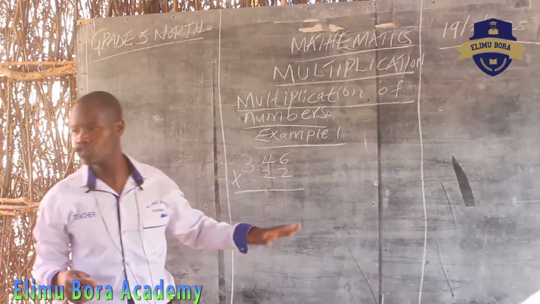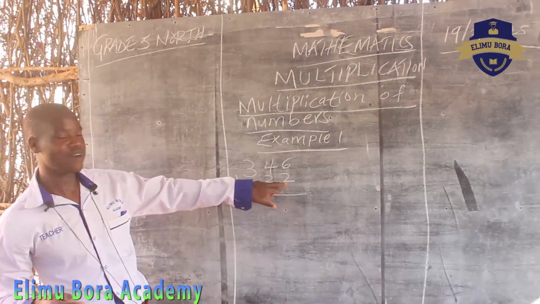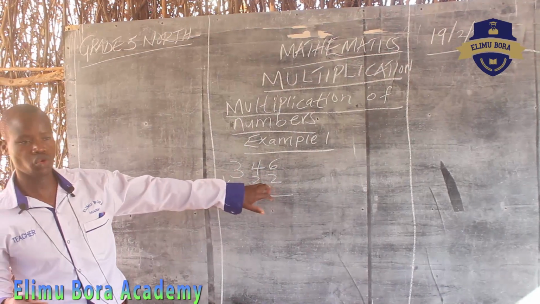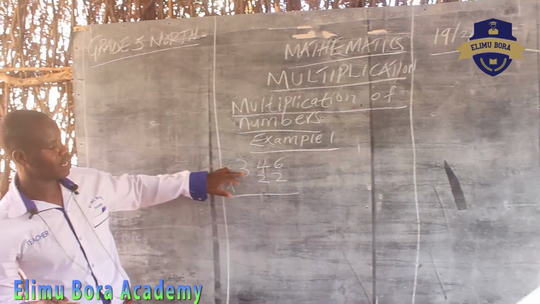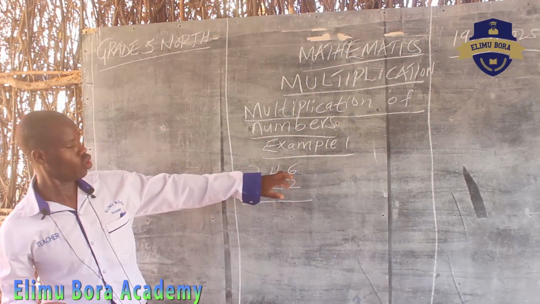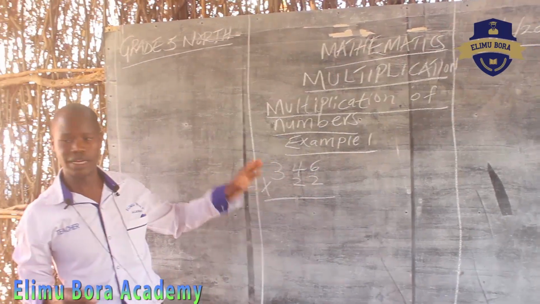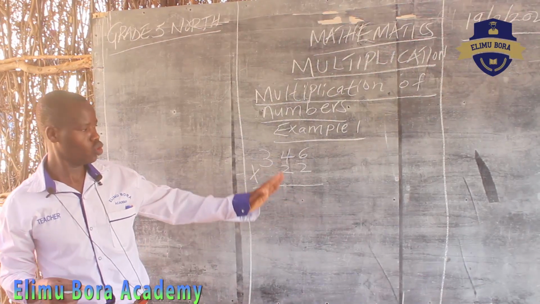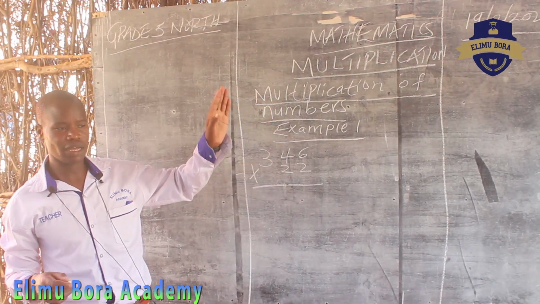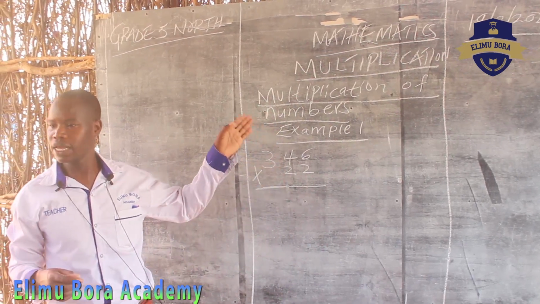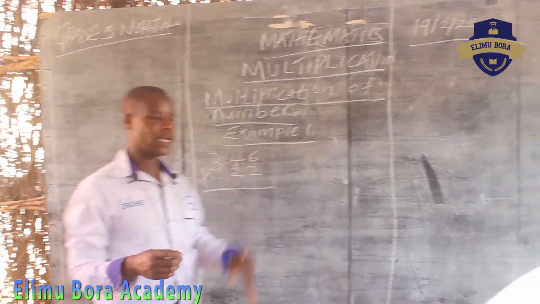So what you do here, you multiply the first digit with all the digits that you have here. You multiply 2 by all these digits, and then you multiply the second digit with all these numbers, and then after that you add the products that you will get. So multiplication is also called finding the product of the numbers that you have been given.